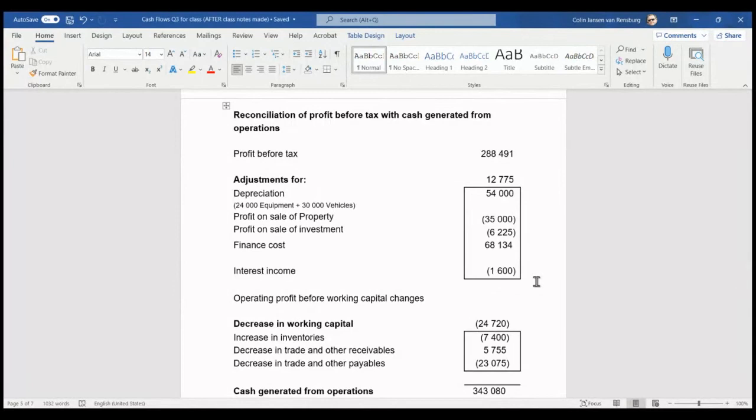So I'm grabbing my little calculator here. Let's just double check our calculations. 54,000 minus 35,000. You can do this with me. You can audit me, please. Minus 6225, plus 68134.